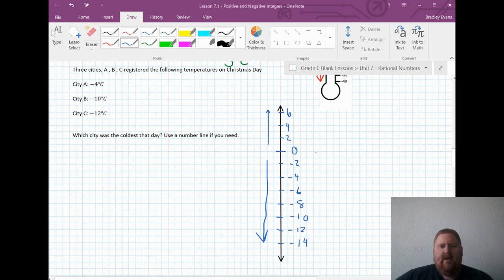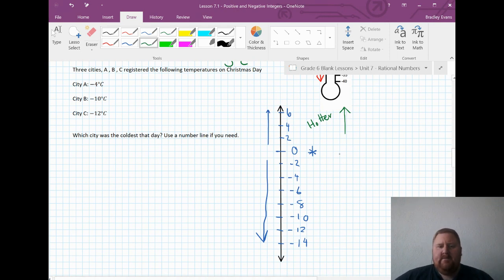So something I'd like you to think about with the temperature. The 0 here is really, really important. If our numbers are increasing, 2, 4, 6, and we're in the positive direction, that means we're getting hotter. So as our thermometer rises, our temperatures are getting hotter. And that's really easy to understand. A temperature of 30 in the summer is a lot warmer than a temperature of 5 in the winter.